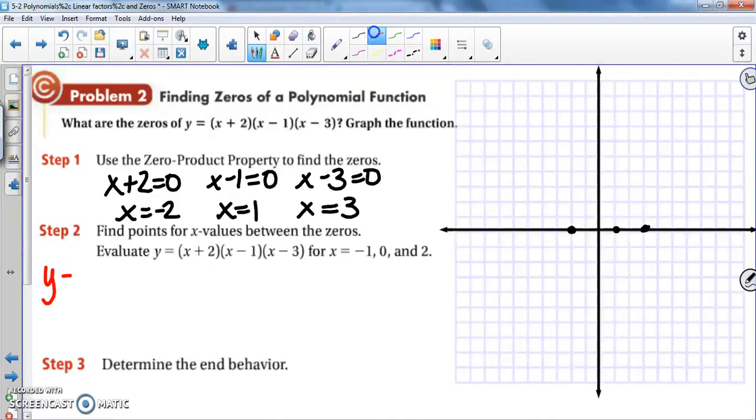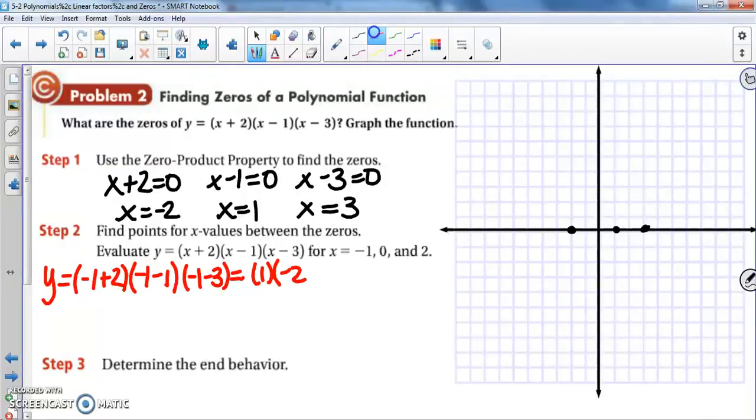So y is equal to (-1 plus 2) times (-1 minus 1) times (-1 minus 3). So I get 1 times -2 times -4, and my y value is equal to 8. So I have a point (-1, 8).